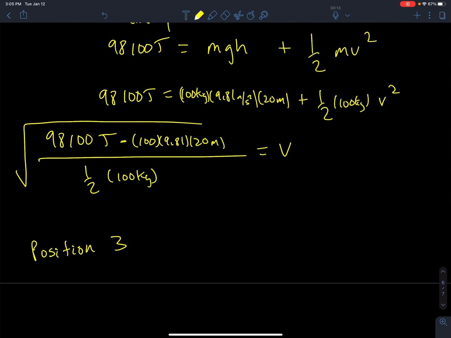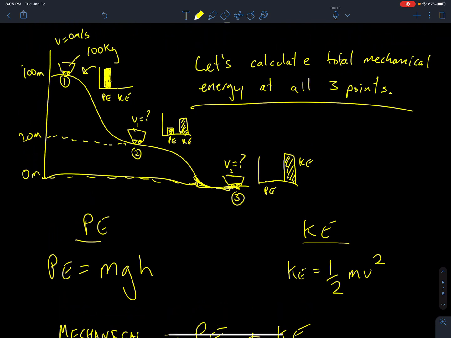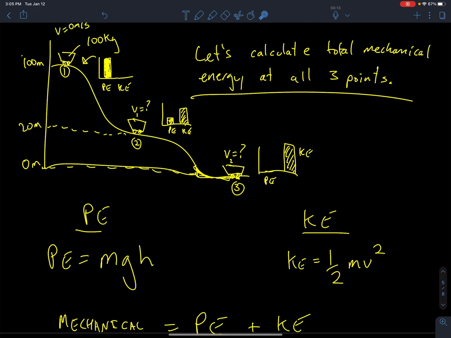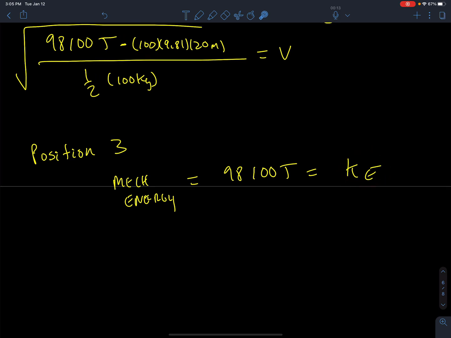So at position 3, again, the mechanical energy is going to be equal to 98,100 joules, like we calculated before. And it's going to be only equal to my kinetic energy because I don't have any potential energy at that point. I'm back down on the ground. So all that gravitational potential energy is converted into kinetic energy.